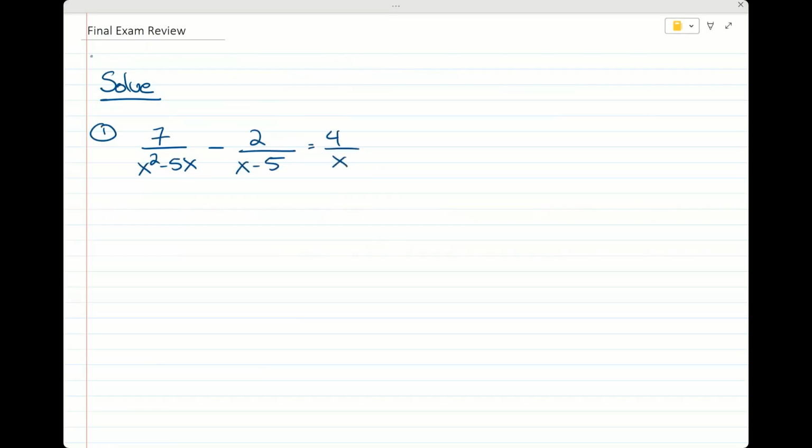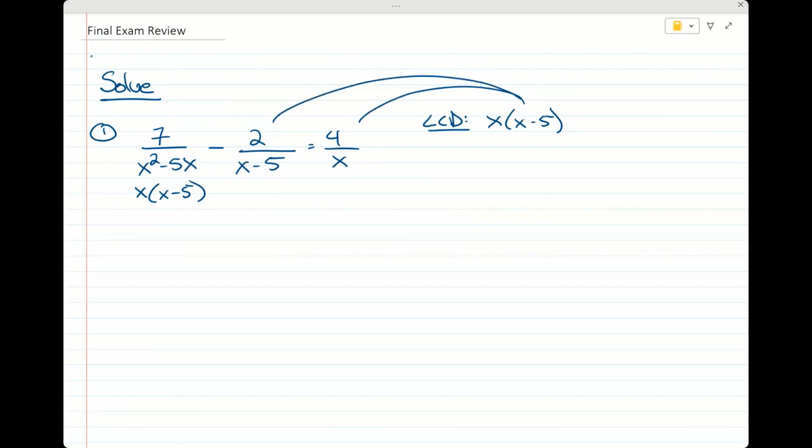When we're doing a problem like this, the first step that we want to do is multiply by the least common denominator. And in order to figure out what that is, we have to factor the denominators completely. So if we're going to go ahead and multiply everything by x times x minus 5, let's just show all our steps.